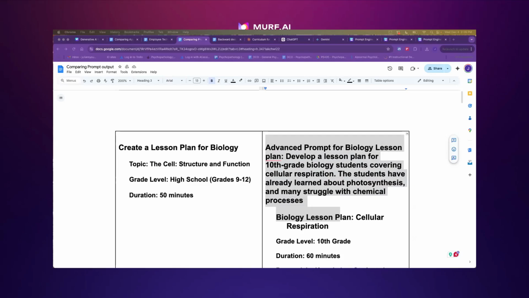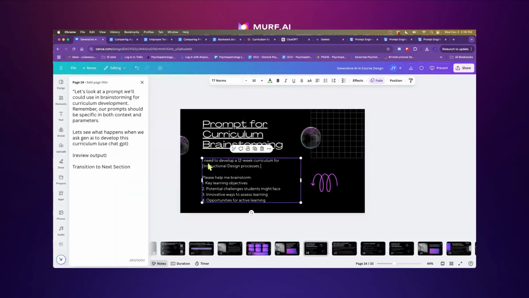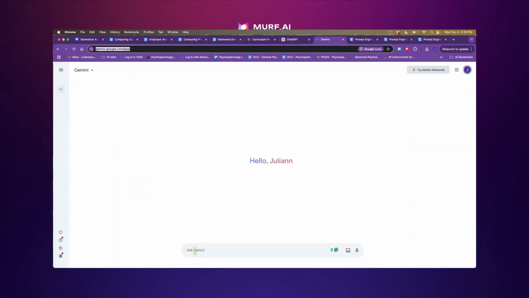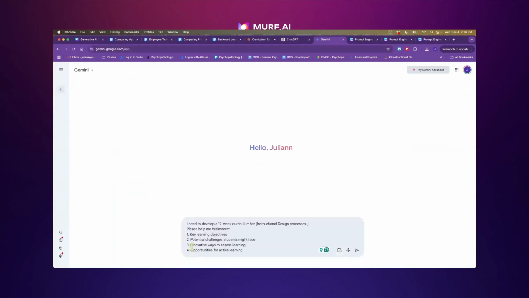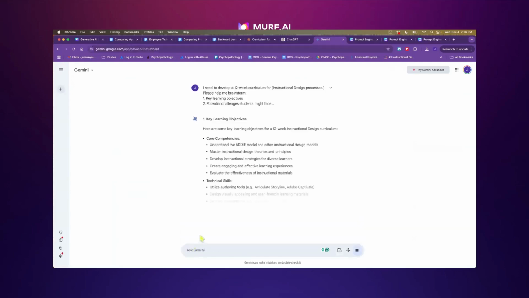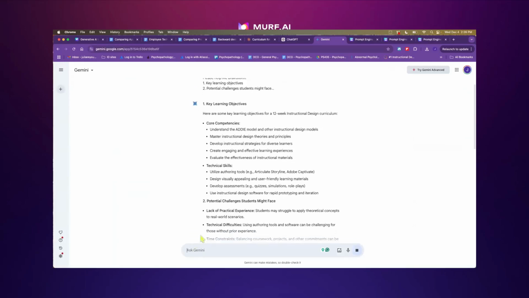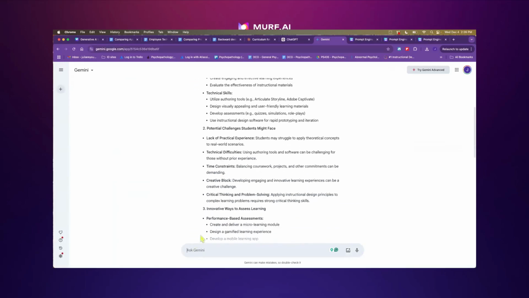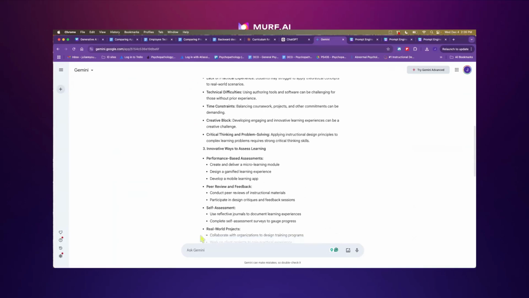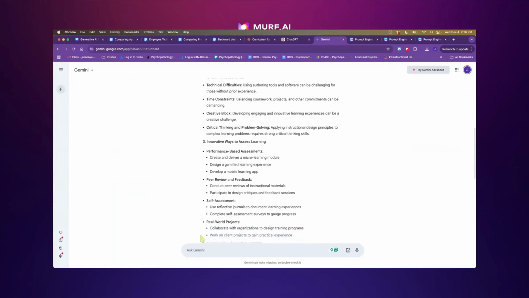I'm going to have to pop out of this. All right, so let's use Gemini this time. And let's see what it gives me. It automatically starts telling me key learning objectives, technical skills. It's right there. All of these things that I can then decide what we should be doing with that assessment or not.